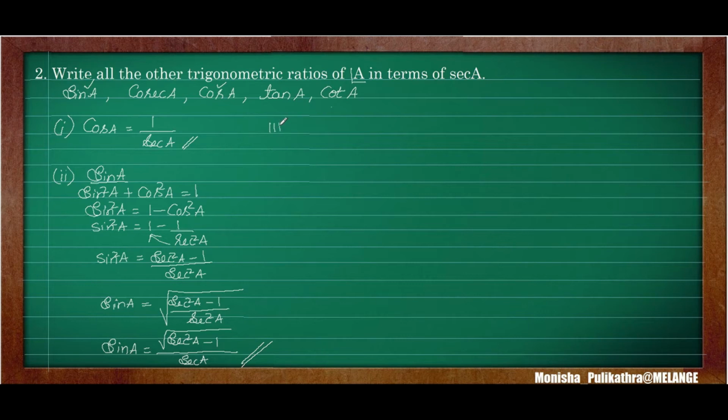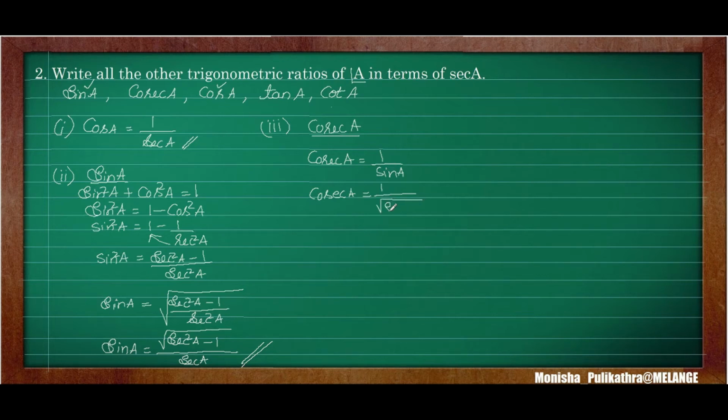Next, third one is cosecant A. For cosecant A, we need to find out the formula in terms of secant A. We know that cosecant A is the reciprocal of sin A, right? We have already derived the formula for sin A, that is square root of secant square A minus 1 by secant A. We can just substitute those values here.